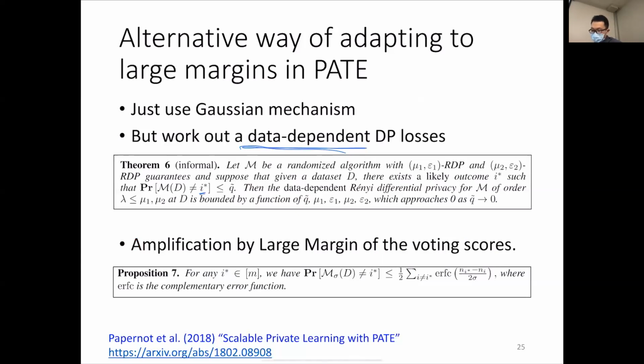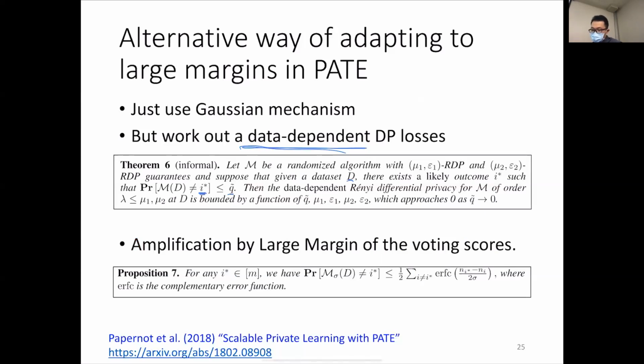So this procedure actually satisfies a stronger Rényi DP guarantee when we condition on a particular data set and whenever the margin is large. This informal statement says that if there exists an output that happens with overwhelmingly large probability, then we can show that the data dependent Rényi DP parameter is exponentially smaller, according to how close you are to 1.